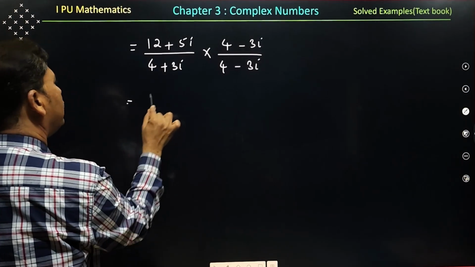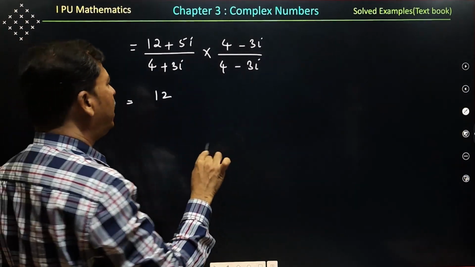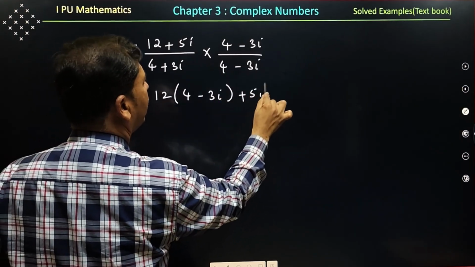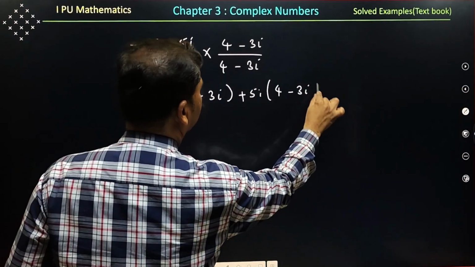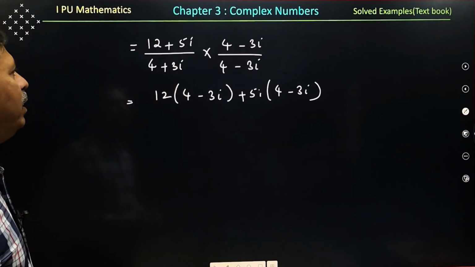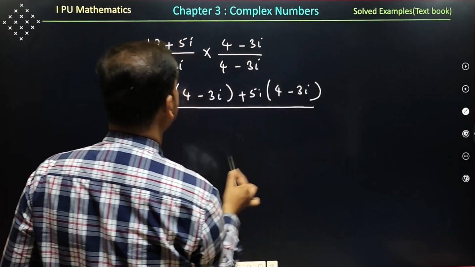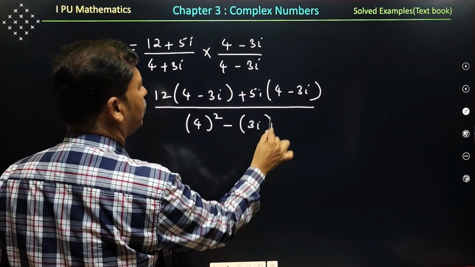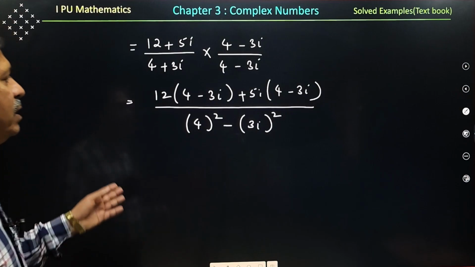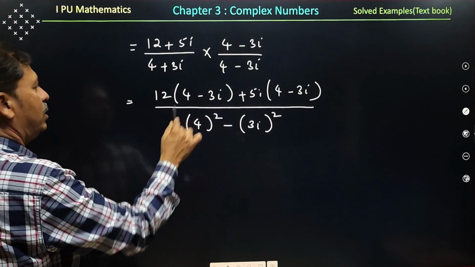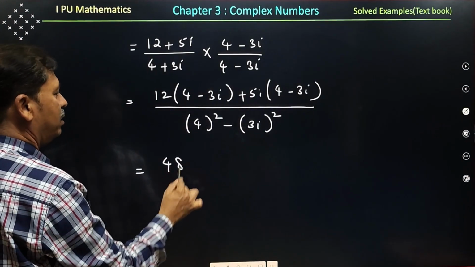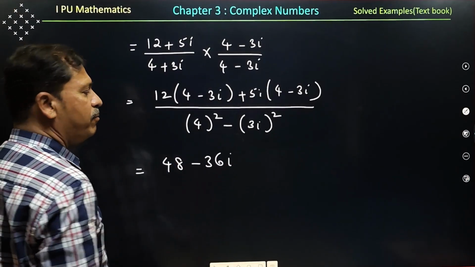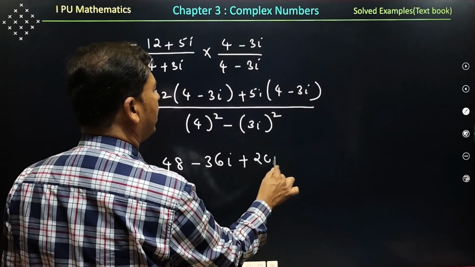Take 12, then multiply to 4 minus 3i. Take 5i and then multiply to 4 minus 3i, divided by a plus b into a minus b, that is a square minus b square. A is 4 square, b is 3i to the power 2 here. 12 4s are 48. 12 3s are 36, minus 36i. 5 4s are 20, plus 20i.